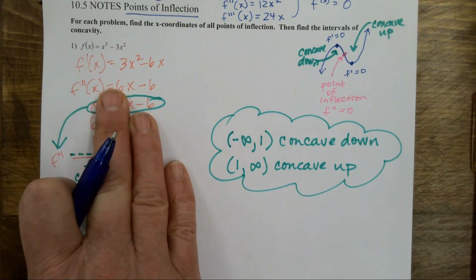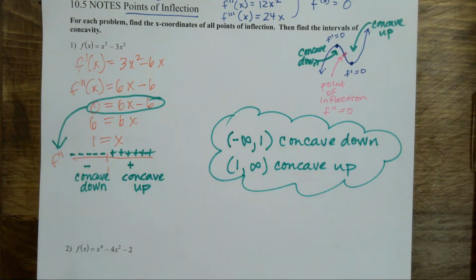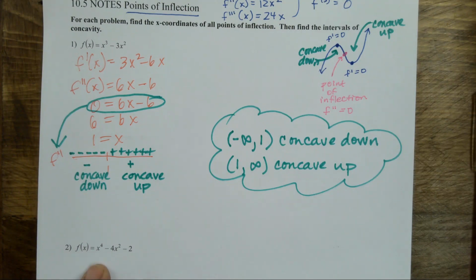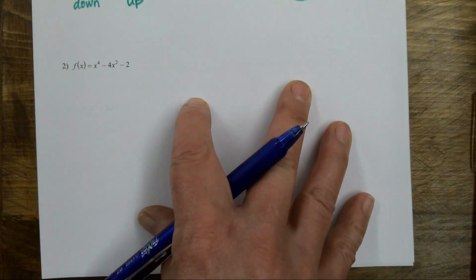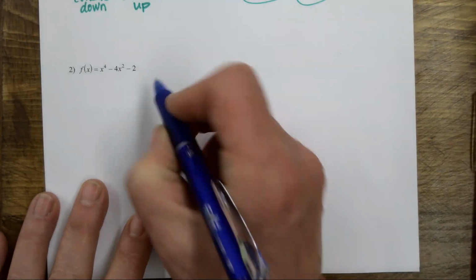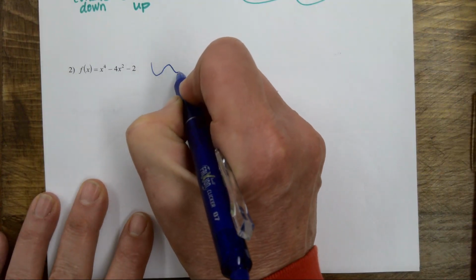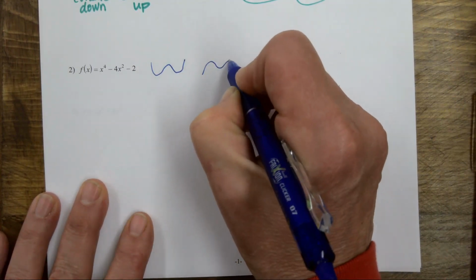The second derivative of a cubed function: the first derivative is squared, the second derivative is linear. Linear functions will only have one x value. When I work with a higher power, like a fourth power, think about what a fourth power looks like. It could be this, or it could be this.